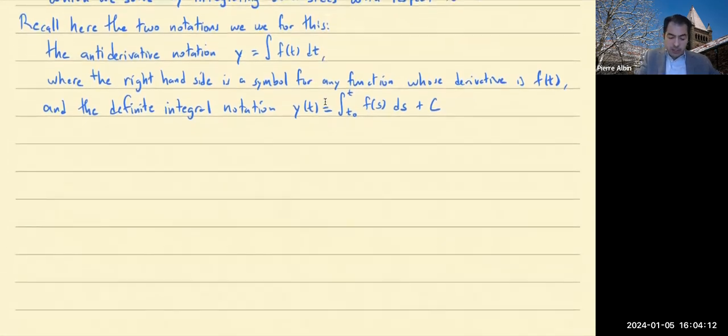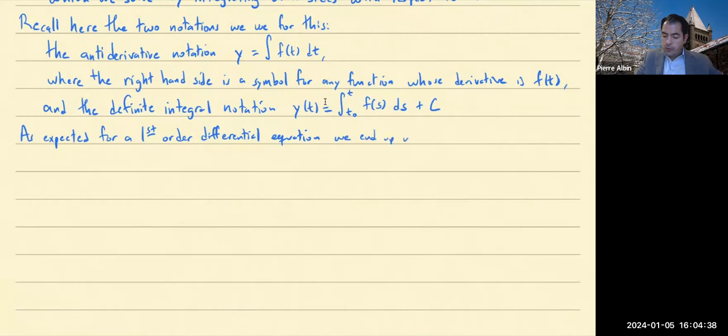Notice that as expected, for a first order differential equation, we end up with one arbitrary constant.